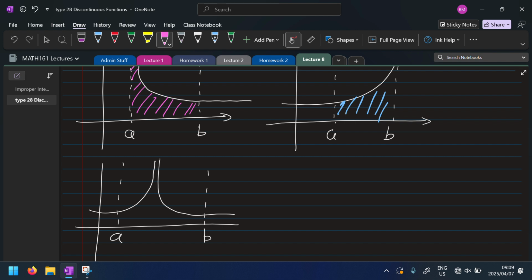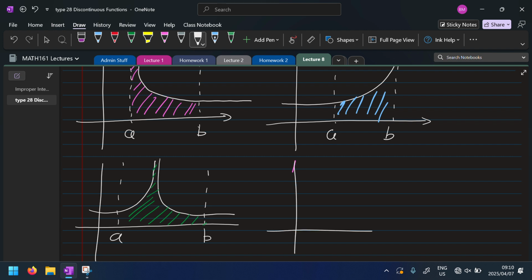These ones here are also very dangerous. It's hard to tell just by looking at the function if there's an asymptote somewhere in the middle. Asymptotes at the endpoints you can check just by substituting the bounds, but finding one in the middle, you might miss it. Here again, we want to find this area here, and there's some problem in the middle. Or there might be a case where there's two asymptotes in the middle.